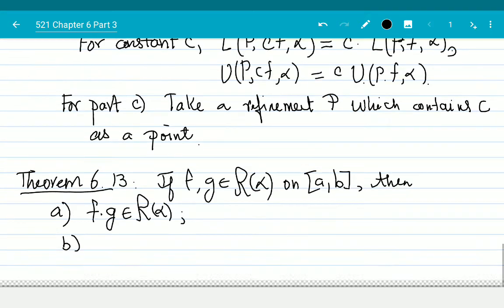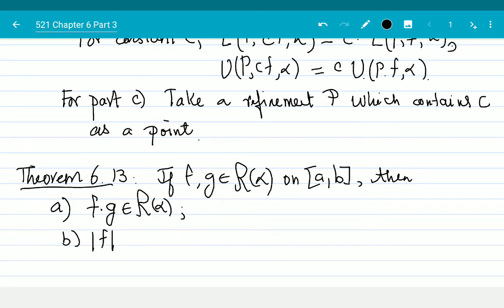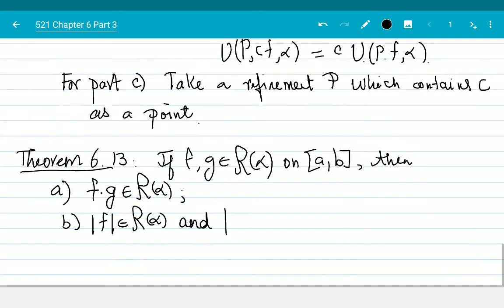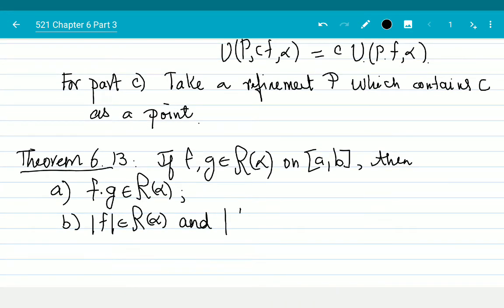And second, absolute value of f belongs to R alpha, and the integral from a to b of f d alpha is smaller than or equal to the integral from a to b of absolute value of f d alpha.